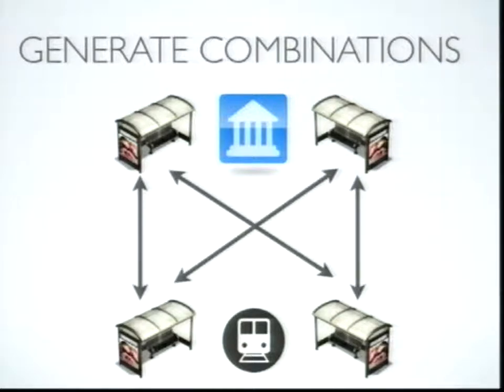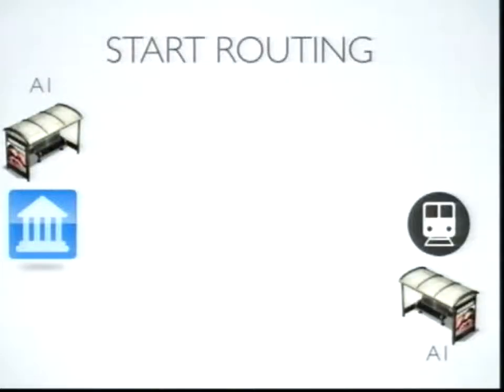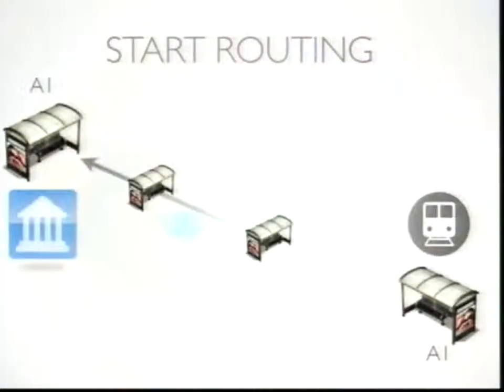Once that is done, all of this is passed into the start routing function, which automatically generates the route from one point to the other. It takes in these two bus stops, and first checks what buses are there. Let's say I have A1 here and I have A1 there. Really simple. I can just draw a route across with the bus stops added in, and it will be displayed on the map.